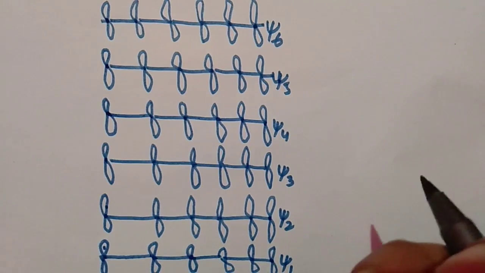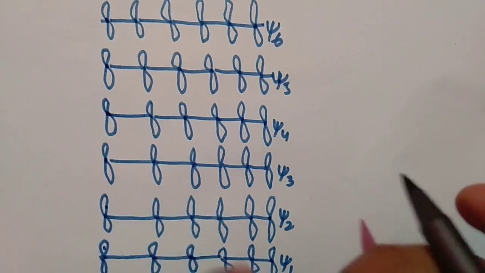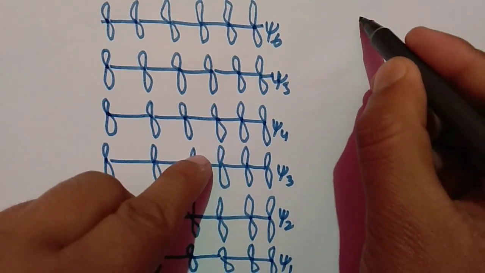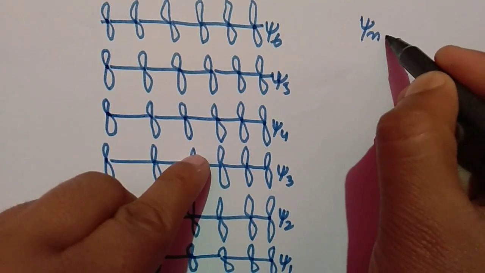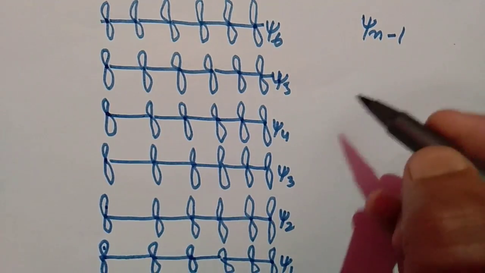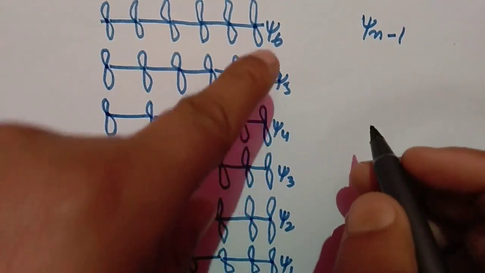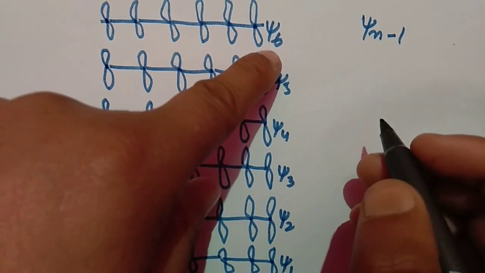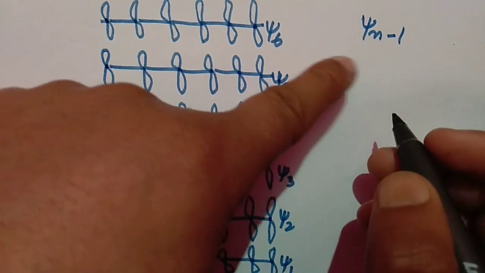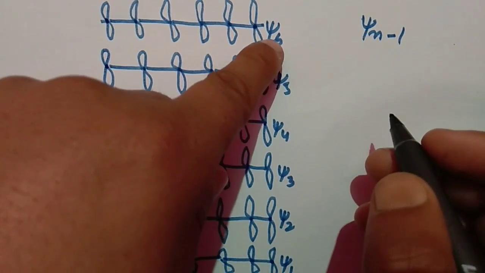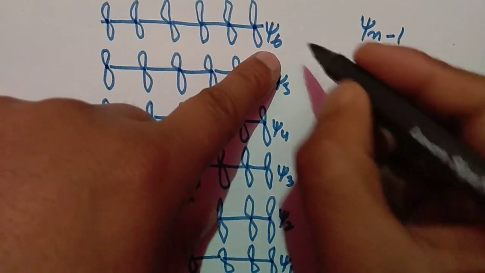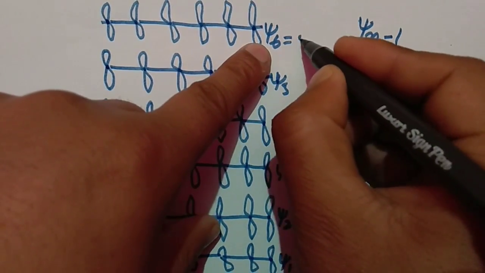Now we see the number of nodes. For this I have a formula: the number of nodes is n minus 1 for psi n. In this case psi 6 has 6 minus 1, which is 5 nodes.